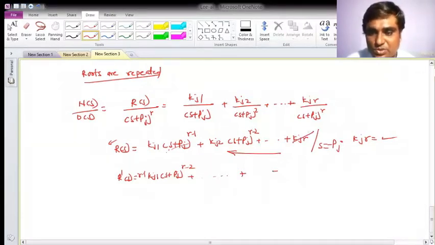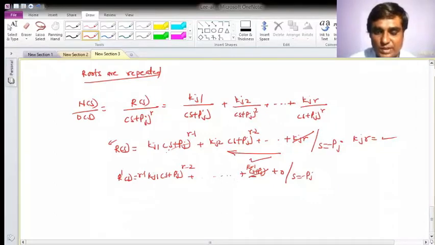As it is a constant, this is 0. And what about this term? It will be (s + pj) into some kj(r-1). So this will now be simply the constant, so the multiplication of the s factor will not be there. Now I'll evaluate this at s is equal to minus pj, so I will get this coefficient.